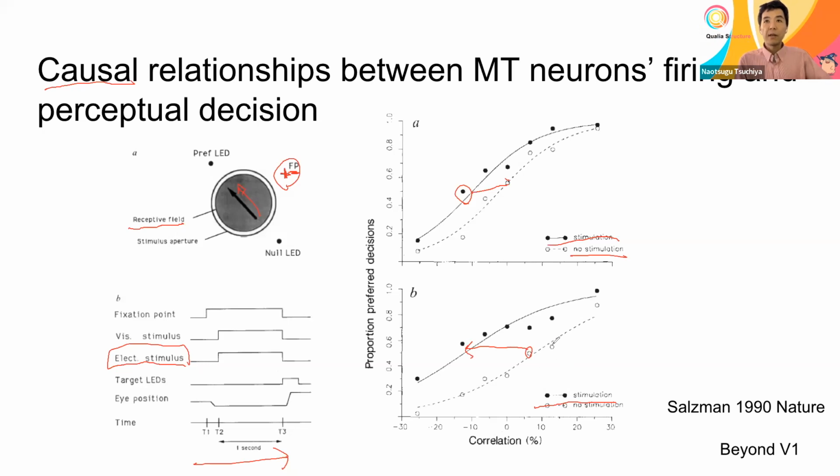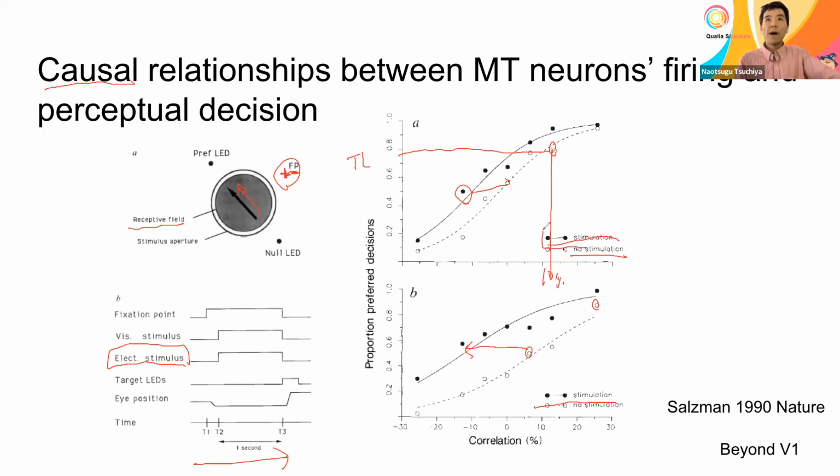So previously, the monkey said, let's say in this case, maybe this one is easier to say, 80% of the time, when there is a 10% motion, that it's actually going to the top left.